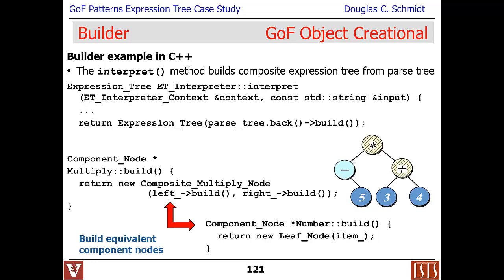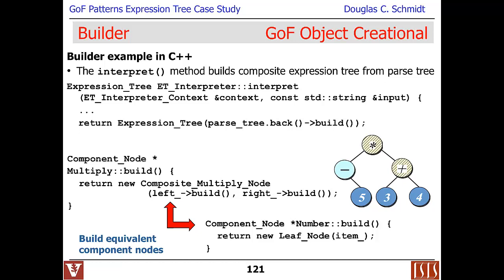As you see when you look at the code, when you take a look at the implementation of all this stuff, every subclass of symbol in the parse tree has a build method that is supposed to, when you implement it properly, create the corresponding type of node, which is a subclass in the composite pattern, the component node hierarchy.